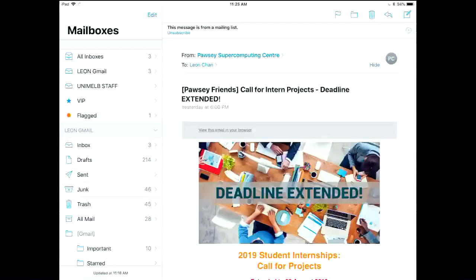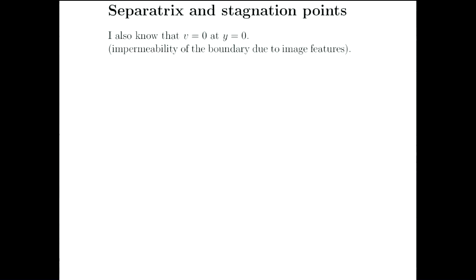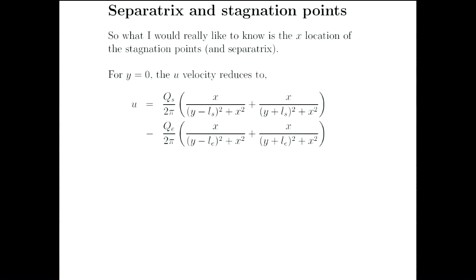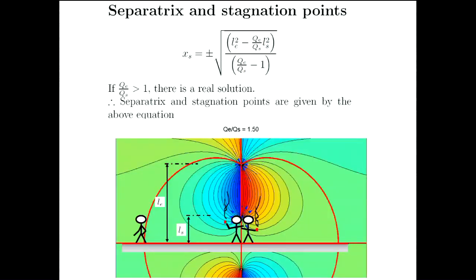So let's have a look. Alright, so this is our stagnation points along the x-axis.